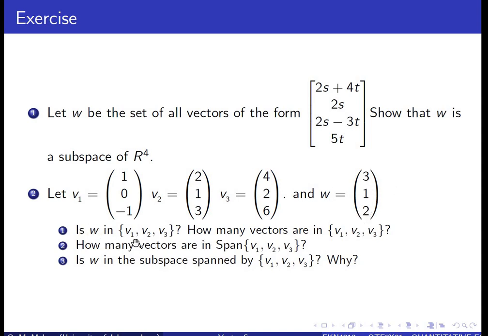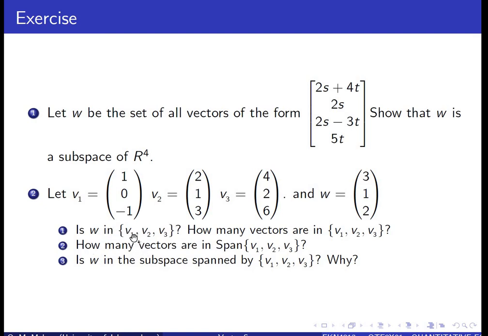Is W in the set V1, V2, V3? How many vectors are in V1, V2, and V3? The way W is defined, W is in R3, right? So we can say W is in V1, V2.